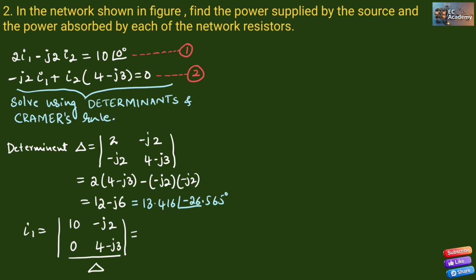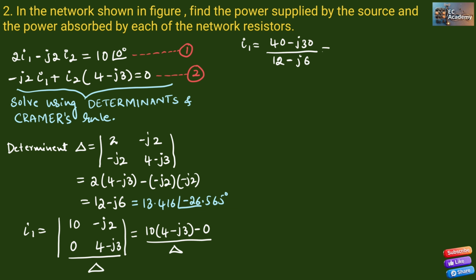So if we simplify this, we'll get 10 into 4 minus j3 minus 0 divided by delta. So we can write the value of I1 is equal to 40 minus j30 divided by 12 minus j6.